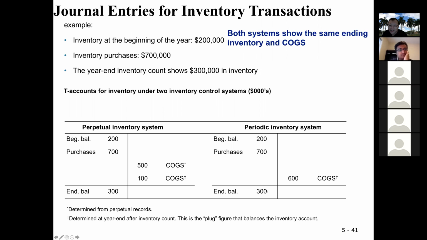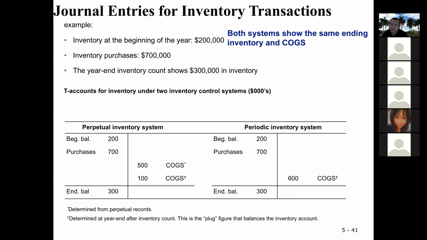Here your ending inventory is 300 under both systems, and your cost of goods sold is 600 under both systems. You should end up with the same numbers. Does that make sense?